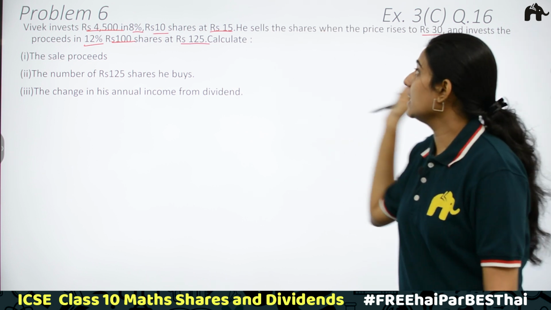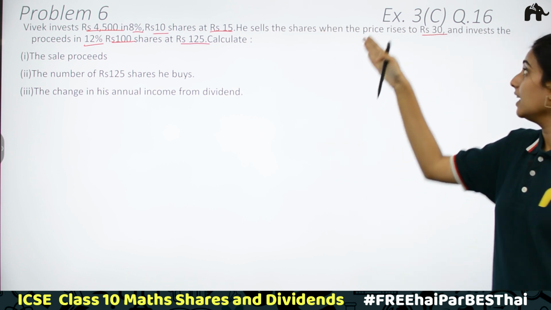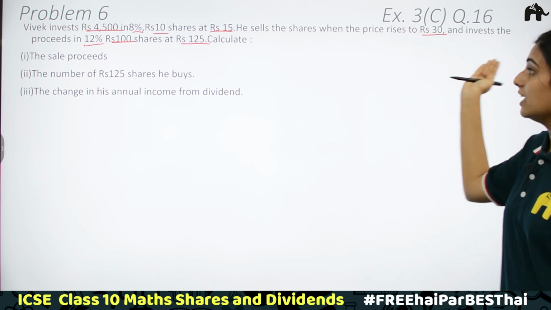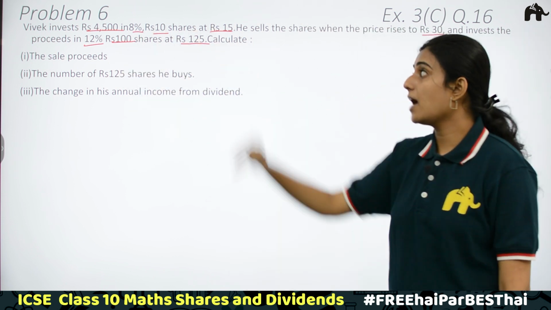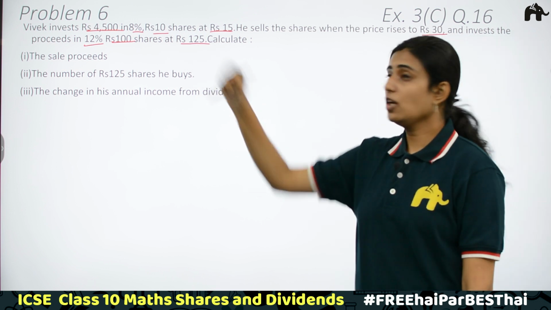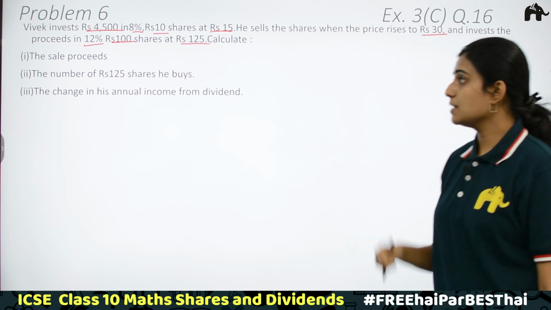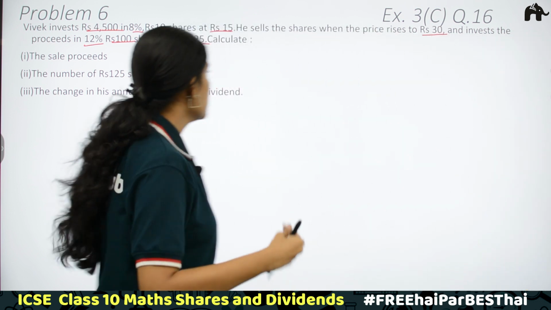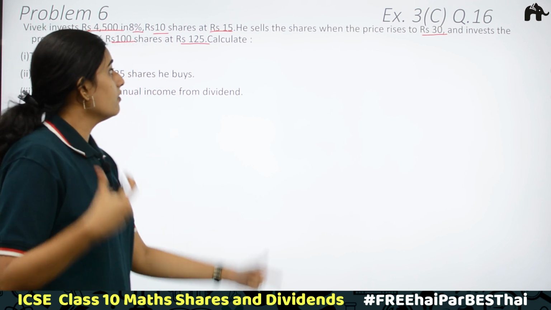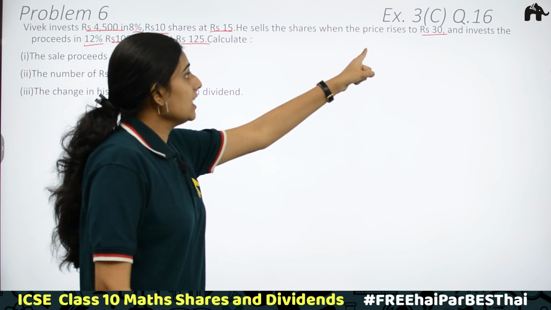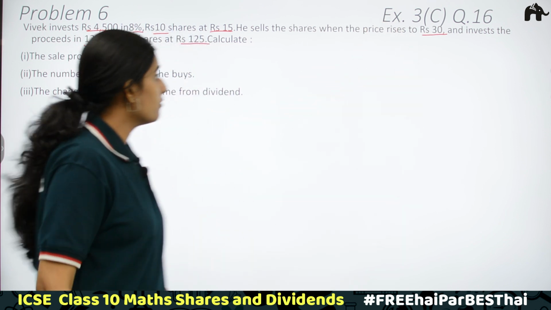Here, he sells the shares. Then you will have different dividend percentage and market value and nominal value. So, the first part, we have to find the sale proceeds. Now, to find the sale proceeds, we know the price is given for one share.